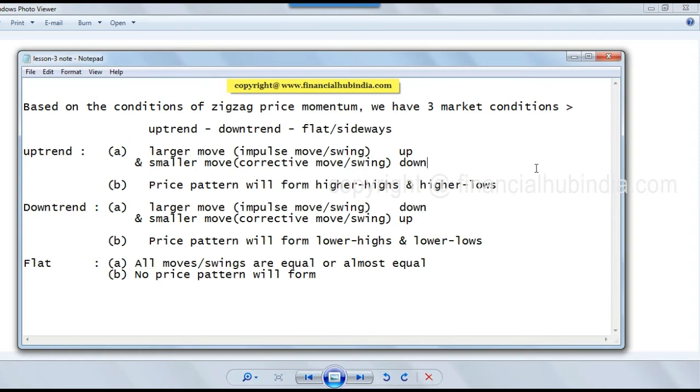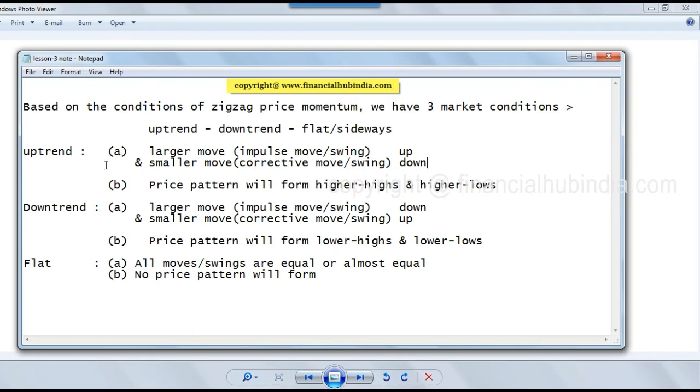So based on the conditions of the zigzag price momentum we see on the chart, we can figure out three market conditions: the uptrend, downtrend, or flat or the sideways market. Now here you can see the definitions of an uptrend. When certain criteria are seen in a zigzag price momentum, then we can say this is an uptrend.